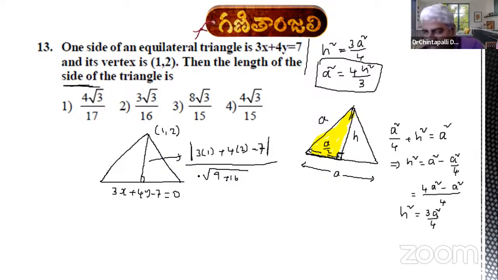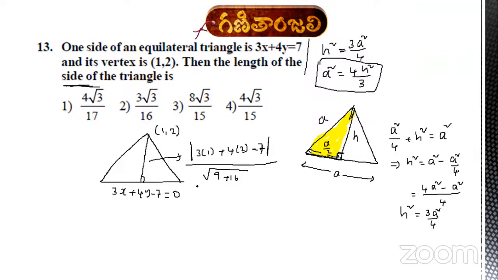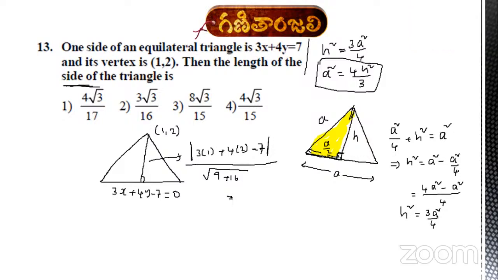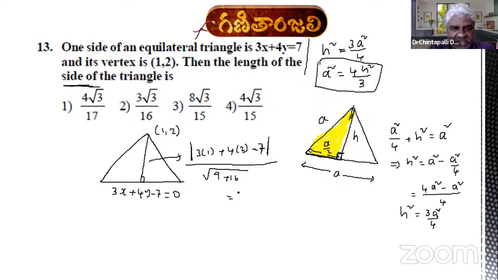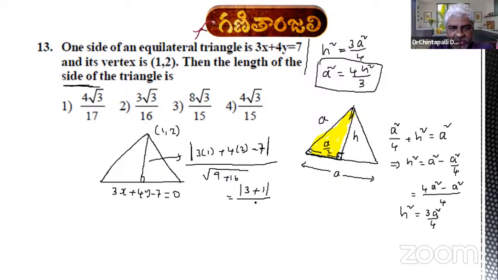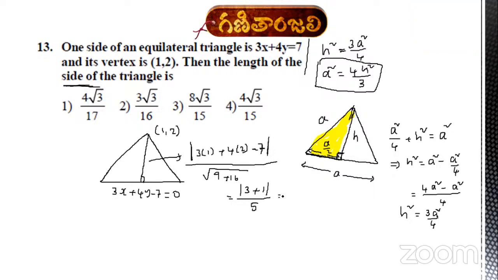So the value is mod of 3 plus 8 minus 7, by 5.